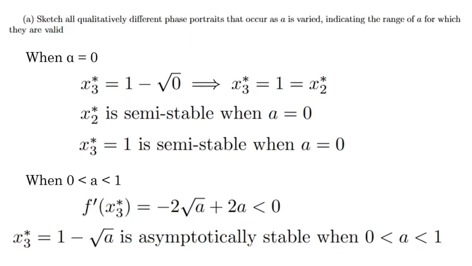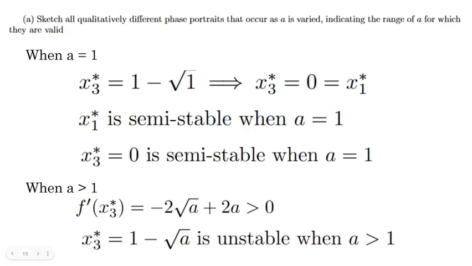Now, when a is between 0 and 1, we get negative 2 root a plus 2a, which is always negative. So x3 is asymptotically stable when a is between 0 and 1. Now, we will look at when a is equal to 1.